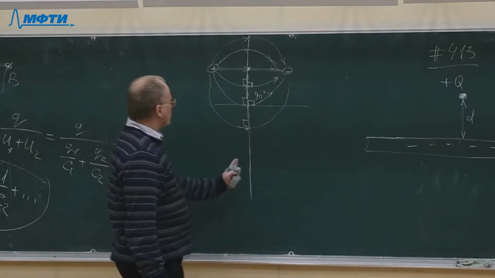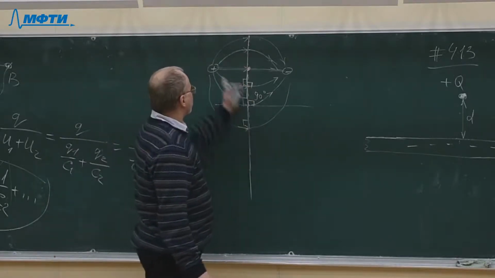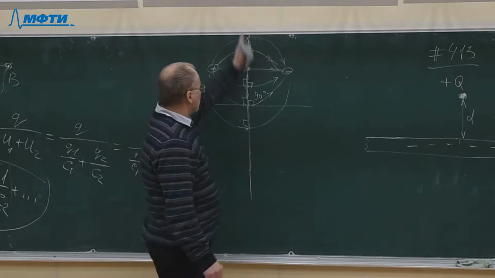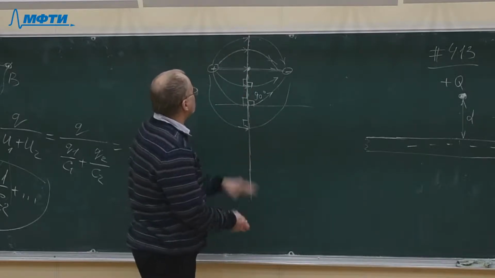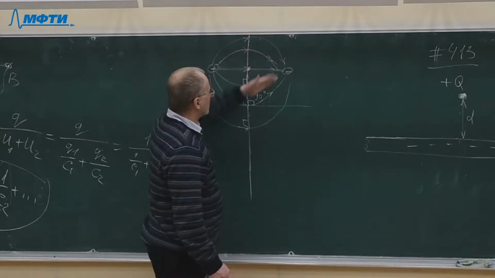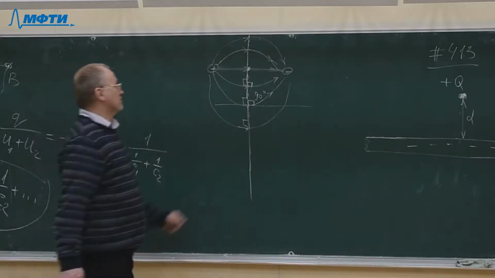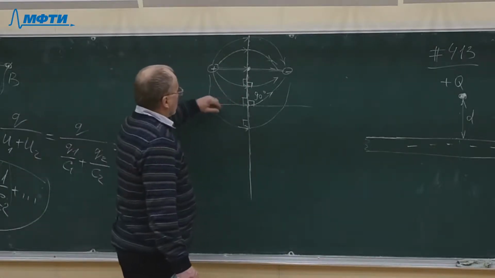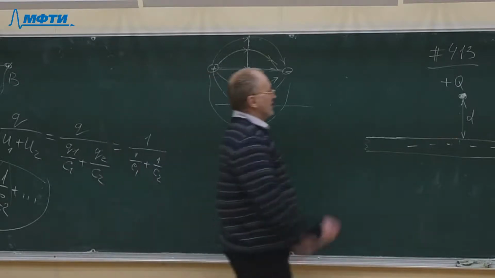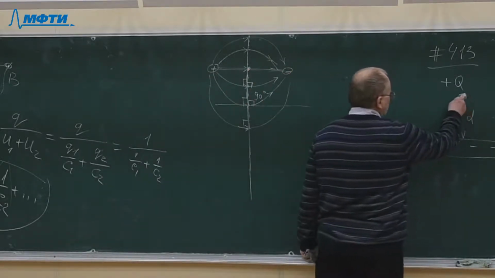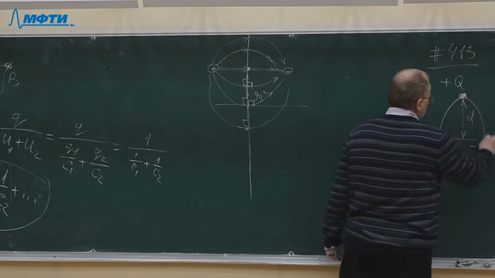So if we insert here at the center between the 2 point charges an infinite conducting plate, it will not disturb the lines of electric field, the force lines of electric field. So we understand now that the lines of field will go in this way.